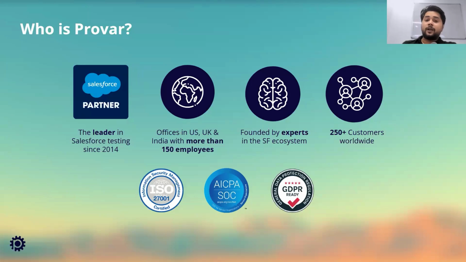Provar can also integrate with multiple external systems like NetSuite, Jira, etc. It's been a decade that we are in this industry, serving customers all over the world. In addition, we have offices in the US, UK, and India that give us the ability to serve our customers 24 by 5.